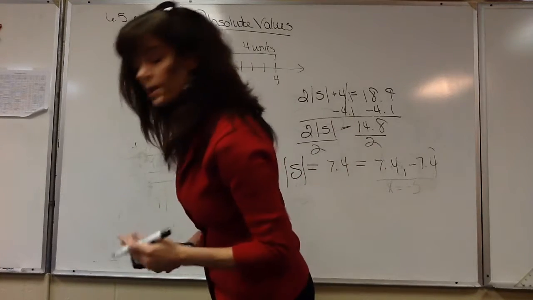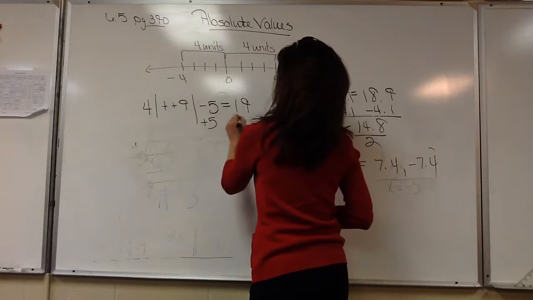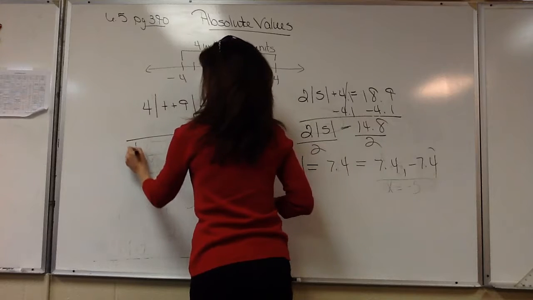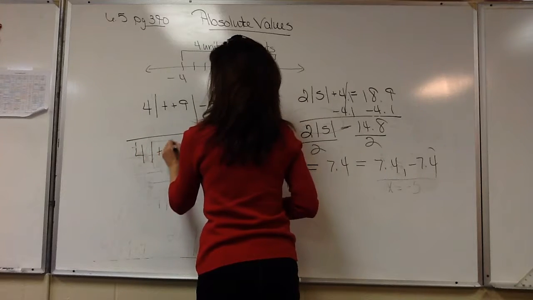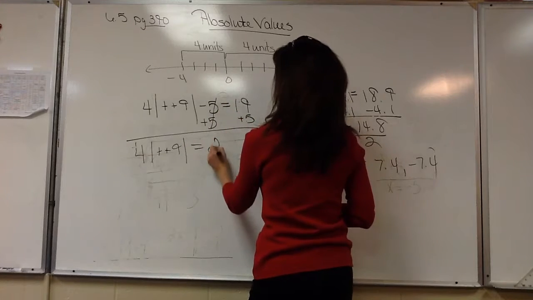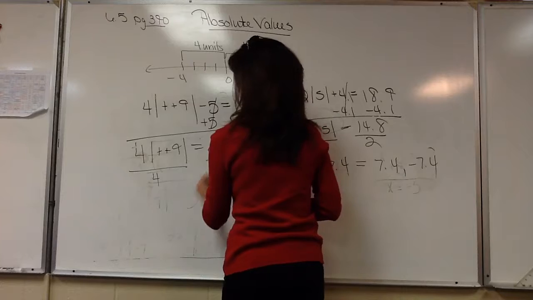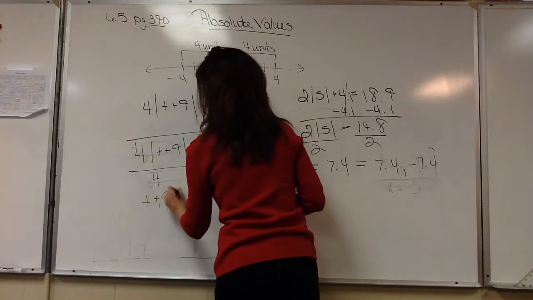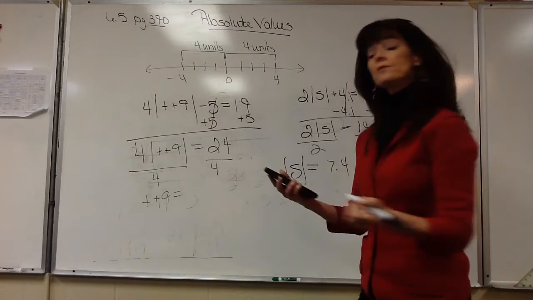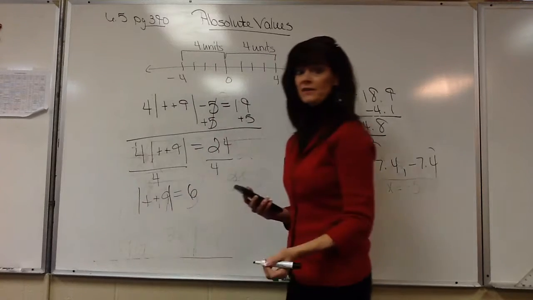Once again, we're going to have to use the addition property of equality and add 5 to both sides. 5 cancels. 19 plus 5 is 24. Now we're going to divide everything by the 4, and we get the absolute value of t plus 9, and then 24 divided by 4 is 6. Don't forget your absolute value signs.